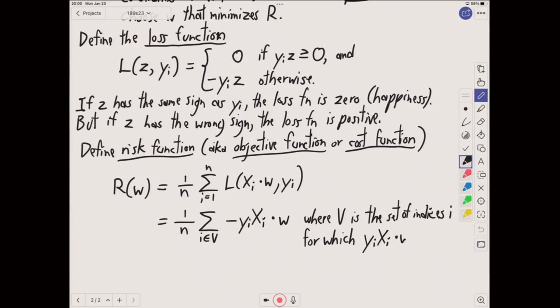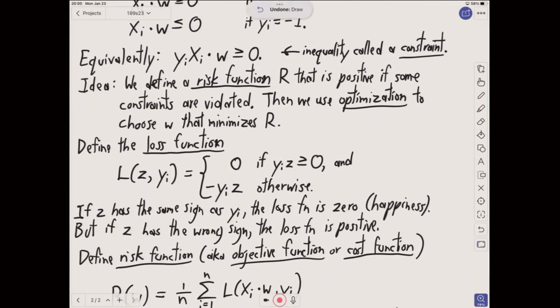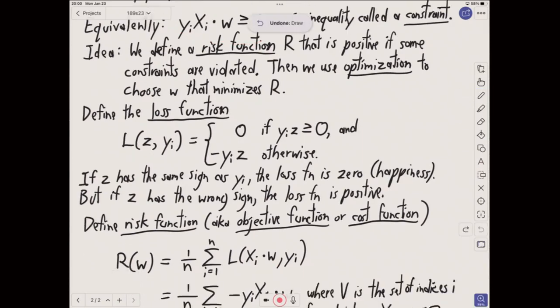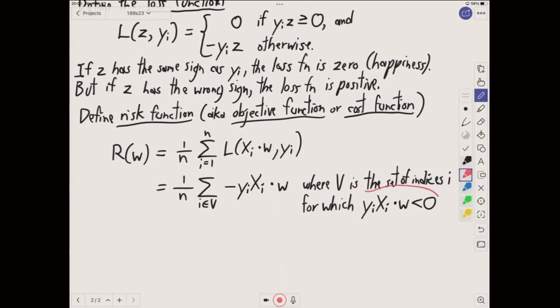Or, in other words, we have failed to satisfy the constraint. Because remember, we're trying to satisfy this constraint, so in the case where that constraint is not satisfied, we will have a positive loss function for that sample point.